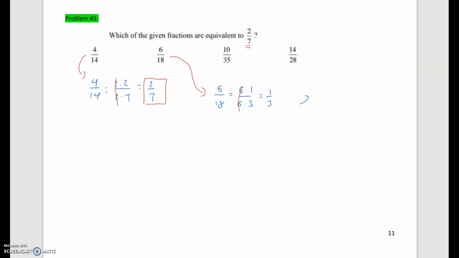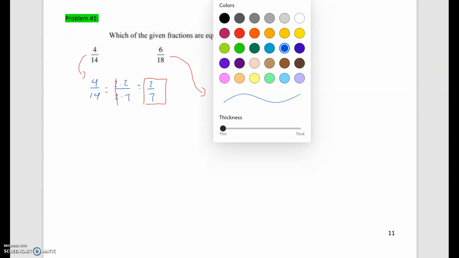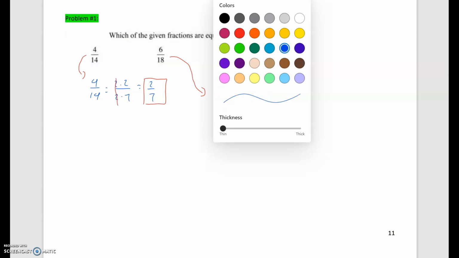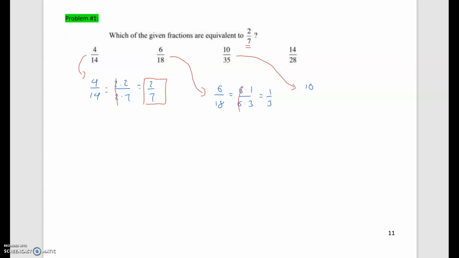Let's take a look at the third one. Let me rewrite it as 10/35. We could divide it by 5s.